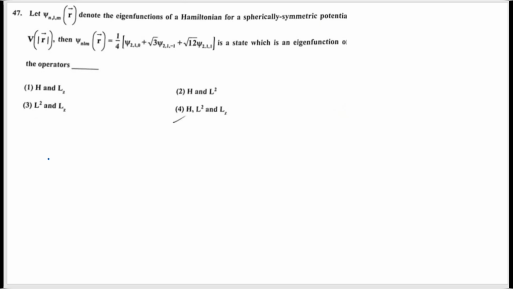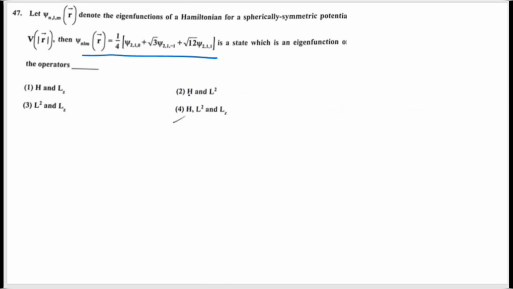Then psi of r vector is equal to 1 by 4 times psi of 210 plus square root of 3 psi of 2 1 minus 1 and square root of 12 psi of 2 1 1, is a state which is an eigenfunction of the operators. This is a very easy question, though it looks a bit complicated. Now let us solve this question. They have given this state, and we must find which operators this state is an eigenfunction of.